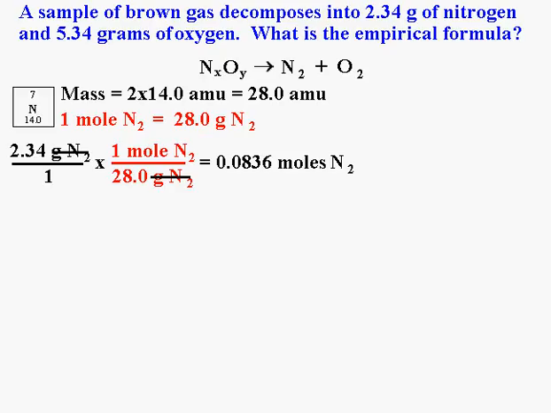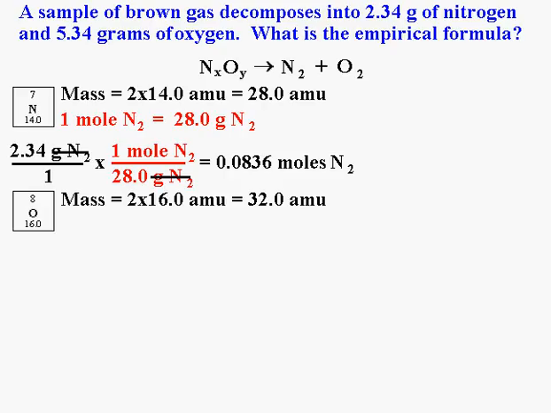Now we do the same thing with O2. The entry for O on the periodic chart says that O atoms have a mass of 16.0. We're not dealing with oxygen atoms, however. We're dealing with oxygen molecules, O2. So we have to multiply that number by 2. So the mass of oxygen molecules are 32.0 atomic mass units.